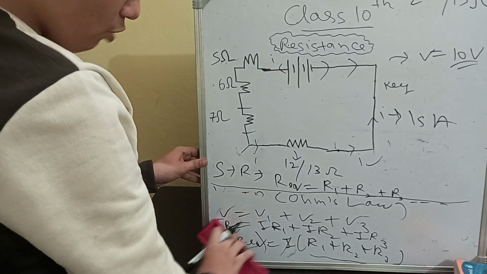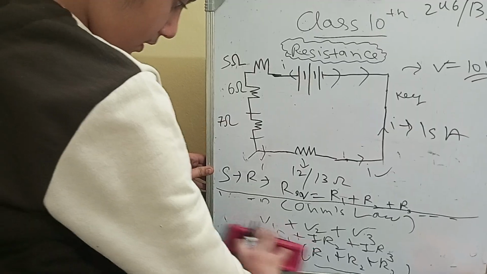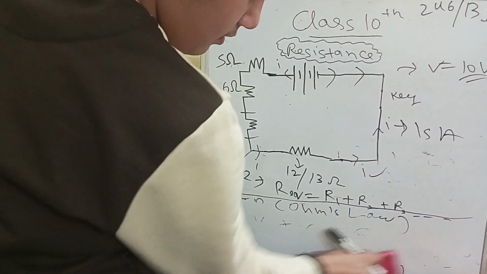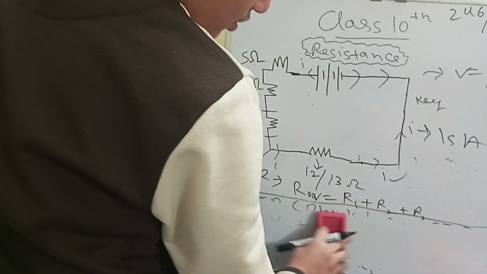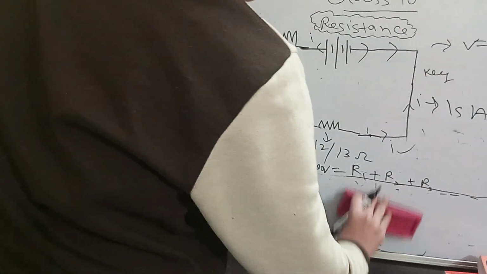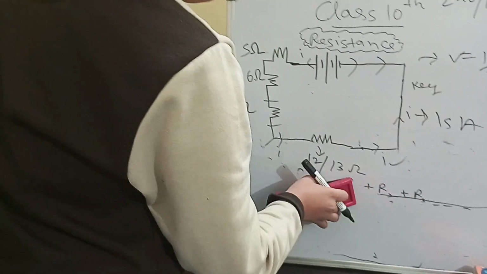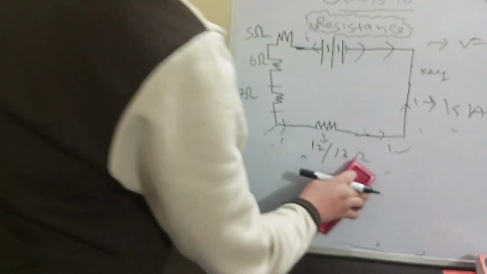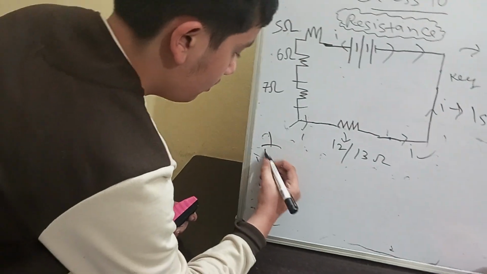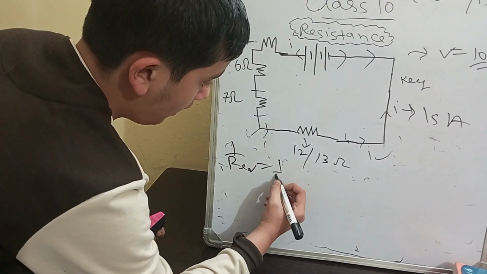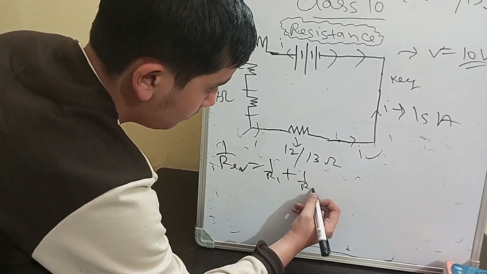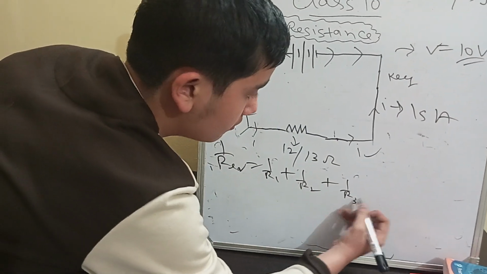Similarly, that was for series. For parallel, the last topic of today's class or session, derivation of the parallel resistance formula. 1 upon R equivalent equals 1 upon R1 plus 1 upon R2 plus 1 upon R3 and so on.